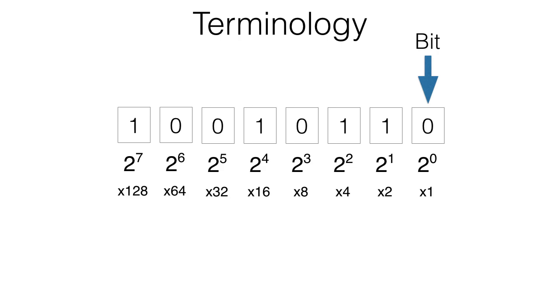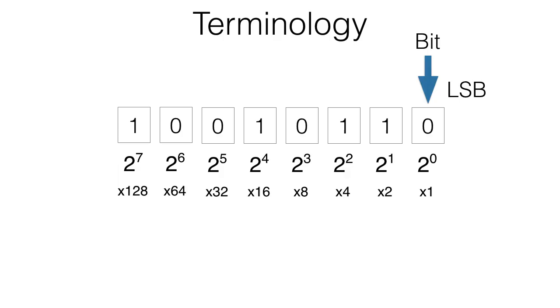You can see that 2 to the power of 0 is less than 2 to the power of 1. It's less than 2 to the power of 2. It's the smallest one, isn't it? It's the least significant digit. That's what it is. So if you see that term, LSB, it's the least significant bit.